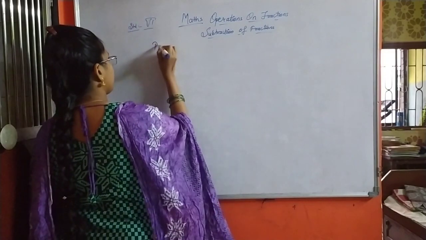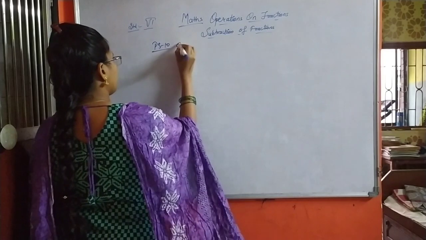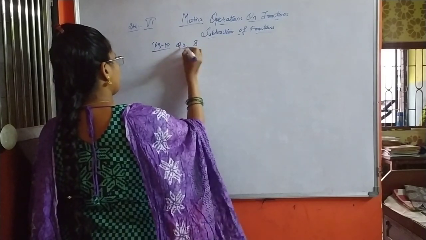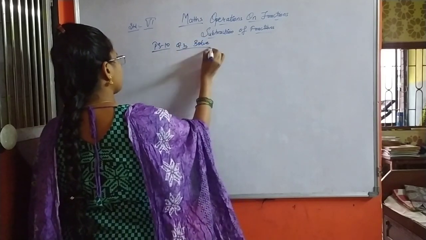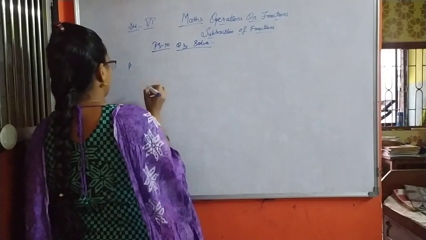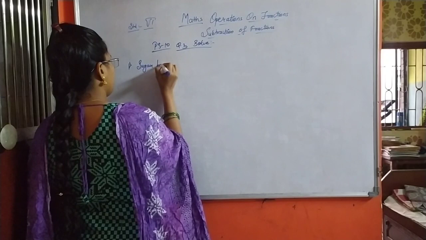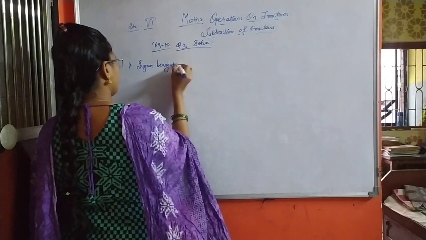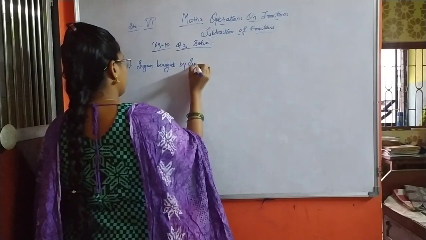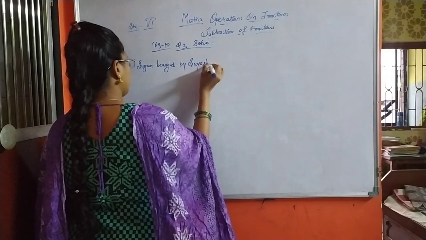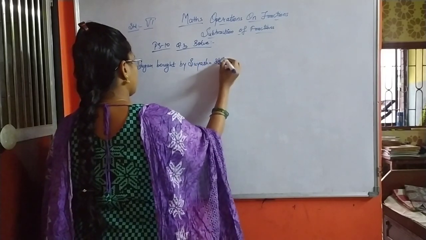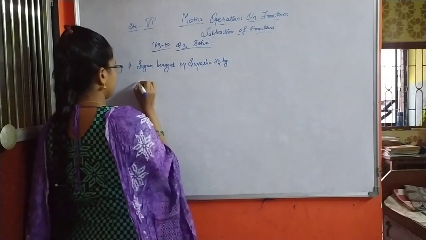So problem set 10 again, question number 3, solve the first one in it. Sugar bought by Suyash 3.5 kilogram.